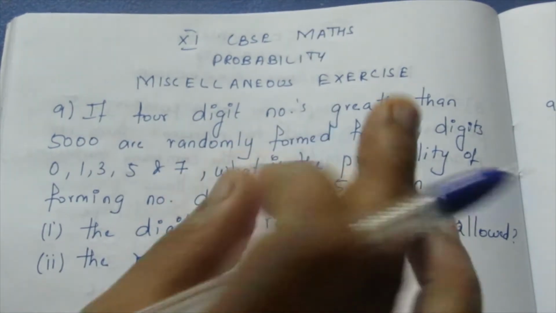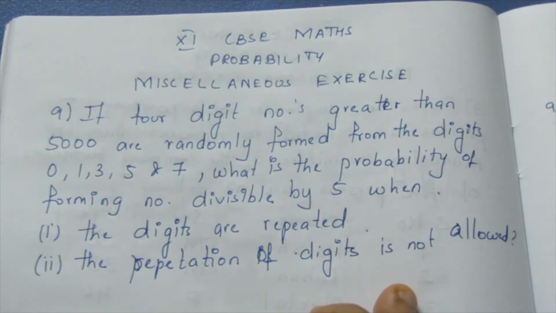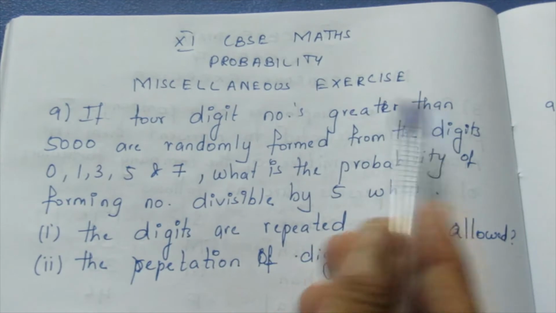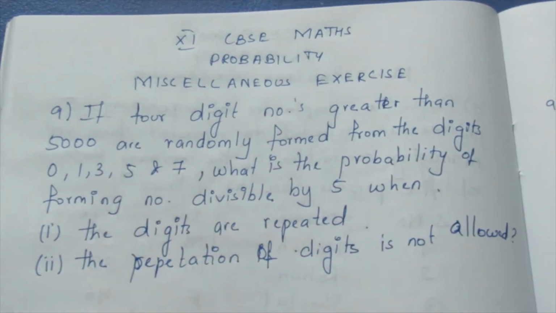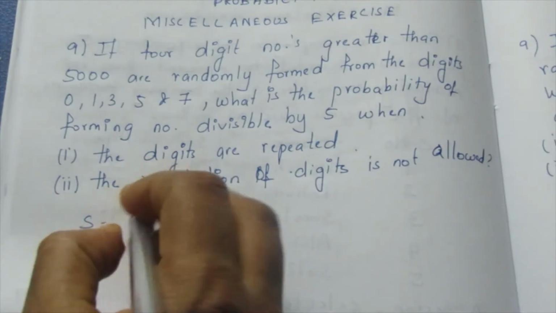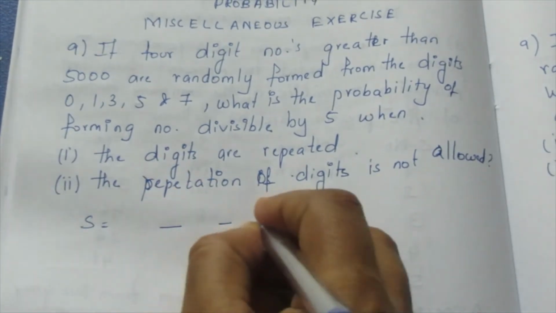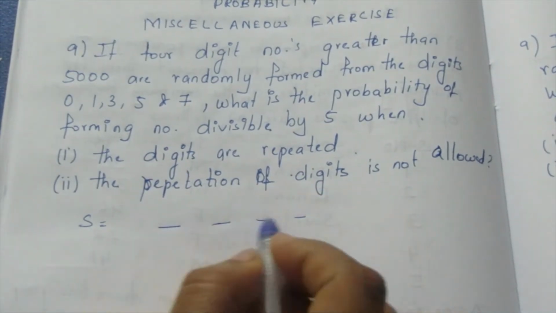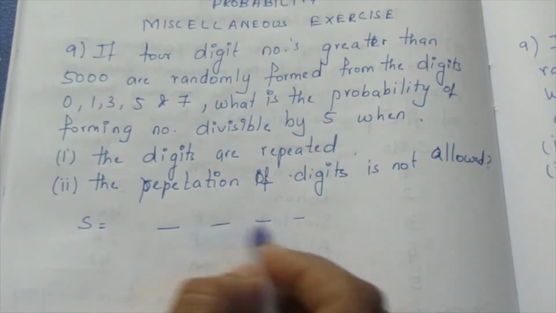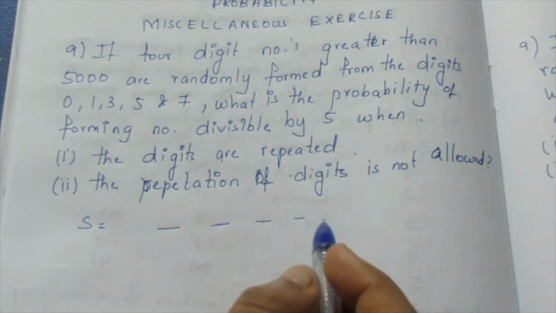This is the condition. But let us find the sample space first. The sample space is the 4-digit numbers greater than 5000. So, a number should be a 4-digit number. Let me take 4 blank spaces. I am going to fill these and find how many numbers can be formed.